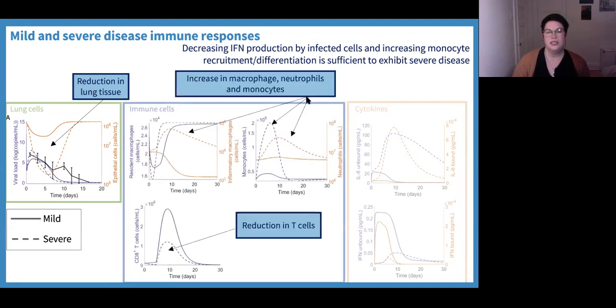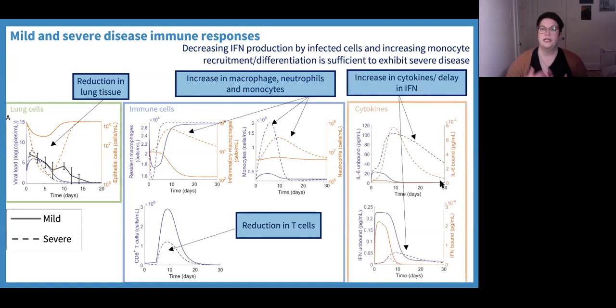You have increases in inflammatory cells, subsets, and you have a reduction in cytotoxic T lymphocytes. And of course, you have this increase in cytokines and a delay in interferon, and this increase in cytokines is really what is characteristic of severe COVID-19. So we were confident that our model could work to predict the individual response after SARS-CoV-2 infection.